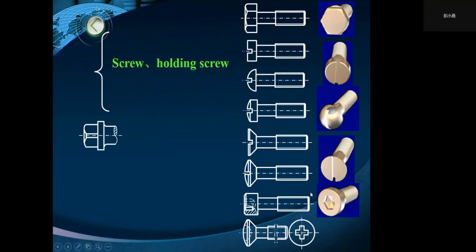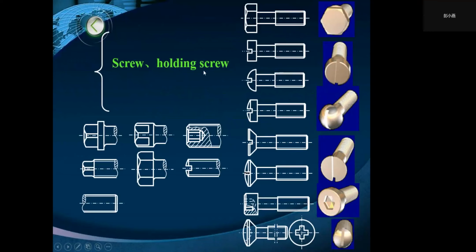These are screws. A screw is used for the screw joint.